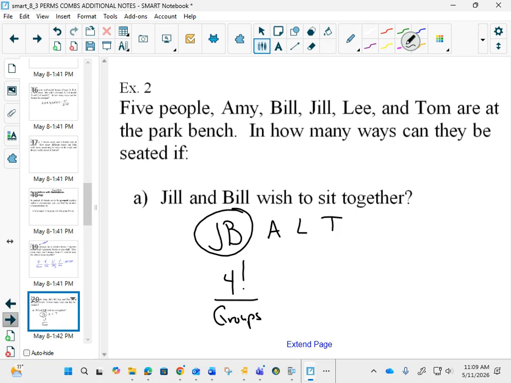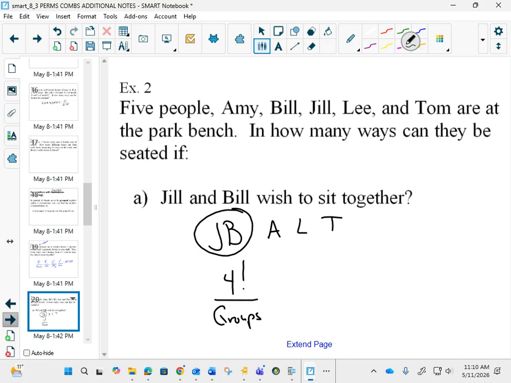Sometimes this is easier to think about if you think about couples that once they start dating, they are never apart. It's like everywhere you go, you see them together. When I was in high school, we just changed their names. Instead of Jill and Bill, we just started calling them one thing, the Jill Bill.